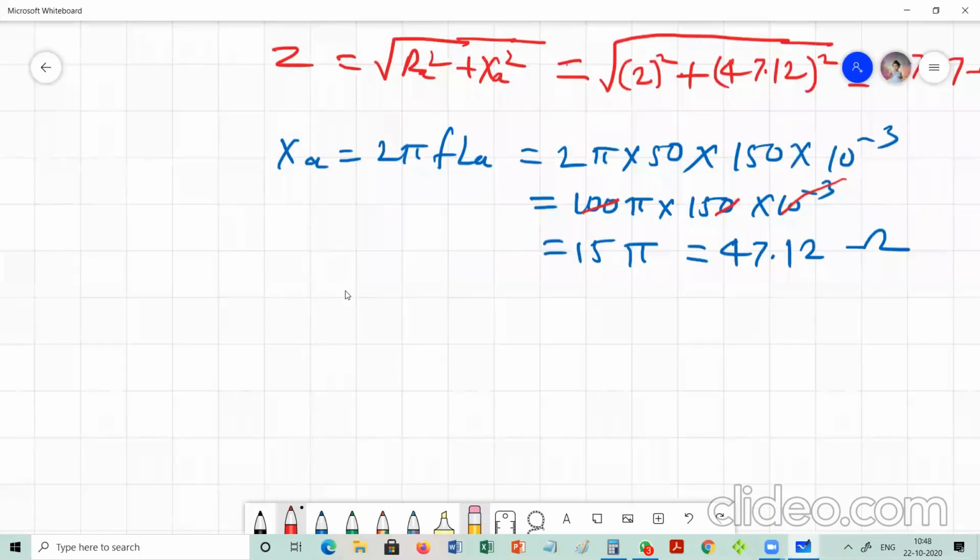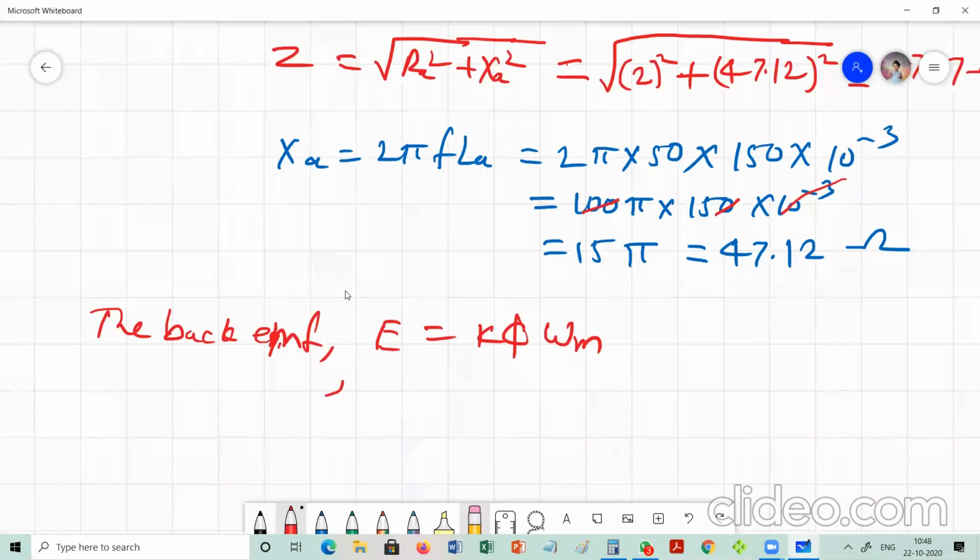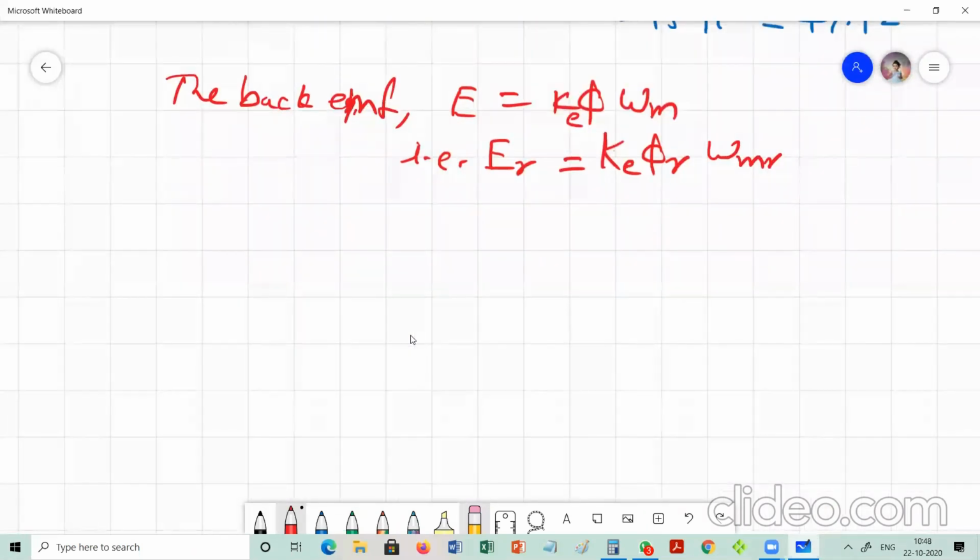Now we have to calculate the constant K. The back EMF equation, we know that E is equal to K phi omega m, that is ER is equal to KE phi R omega m R. But the motor is a separately excited DC motor.